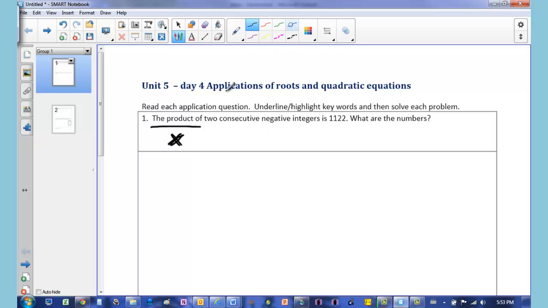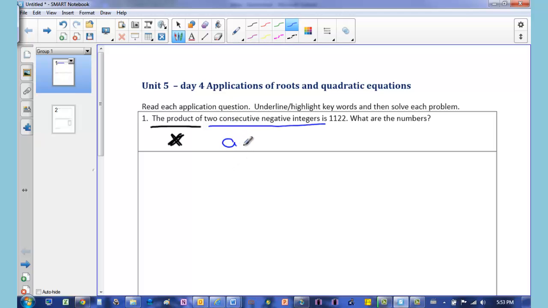Then we have two consecutive negative integers. Since these integers are unknown, it won't make a difference right now if we set them up as negative or positive. When we solve, hopefully at the end, we'll be able to choose only the negative integers as solutions. Let's concentrate on the fact that these two integers are consecutive in nature.